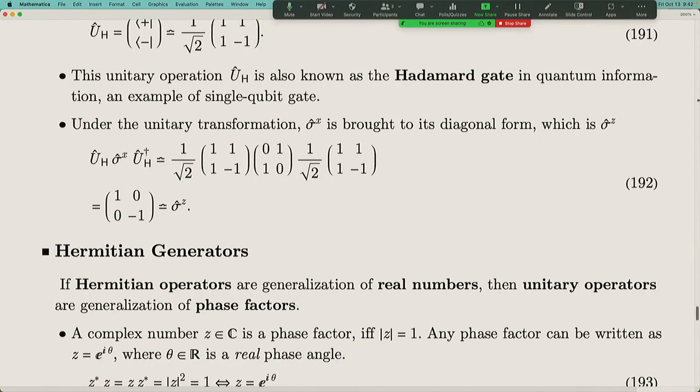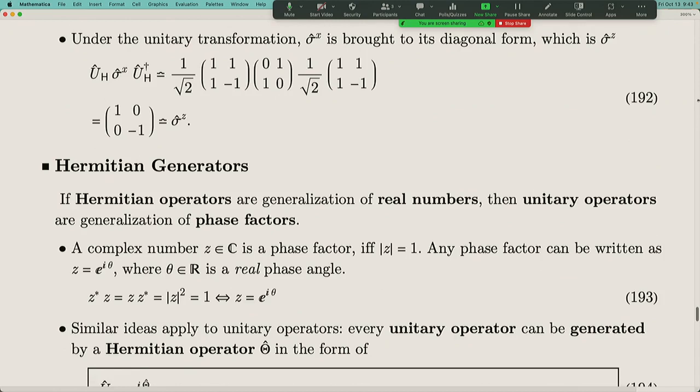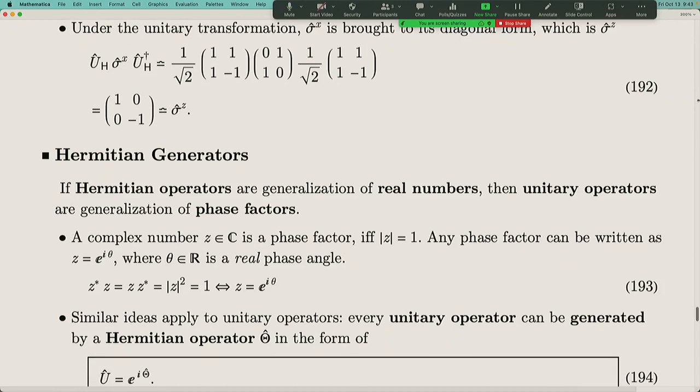So what people do is that before I measure sigma x, I first perform a Hadamard gate that transforms my basis to the z basis. Then I perform a z basis measurement, but the measurement outcome actually tells me about the sigma x observable before the unitary transformation. That's how people do quantum measurements on quantum devices.